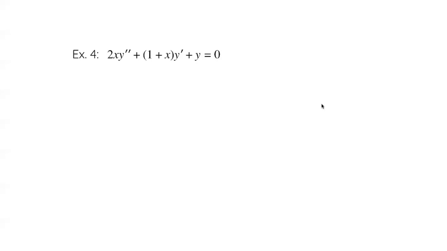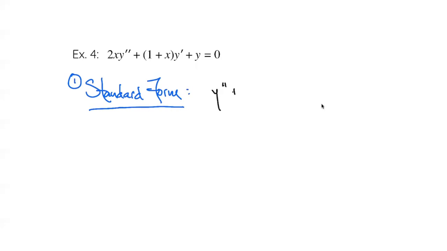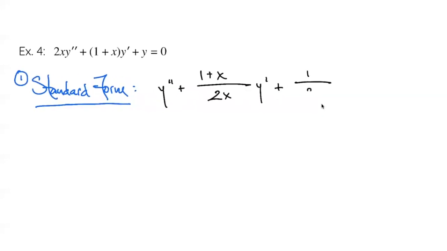We want to know what our capital P of x is and what our capital Q of x is. When we do that, we'll get y double prime plus (1 plus x) over 2x y prime plus 1 over 2x y equals 0.